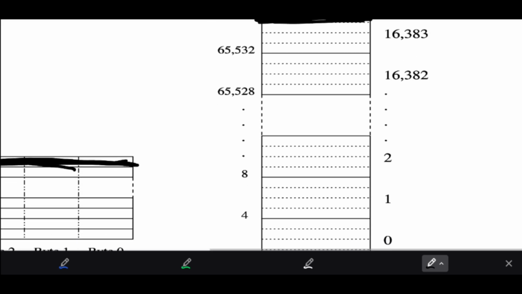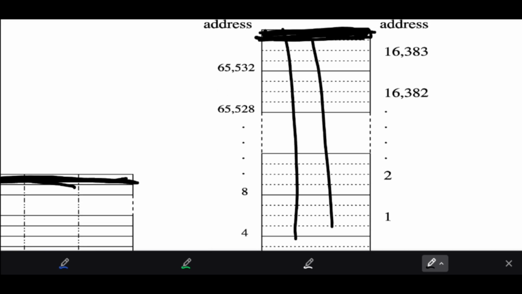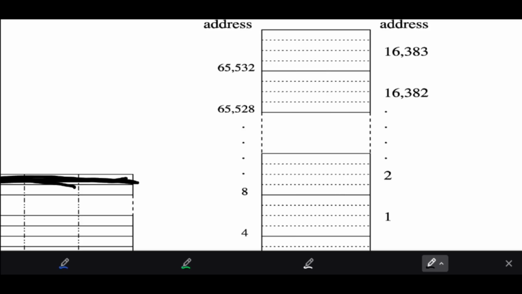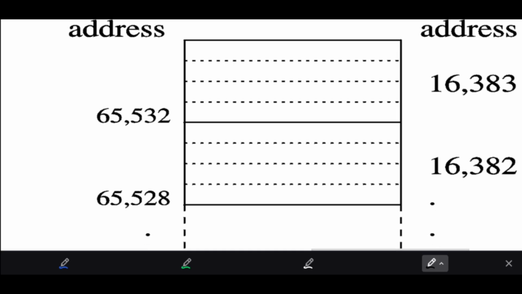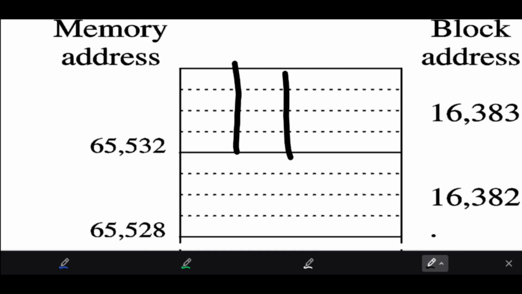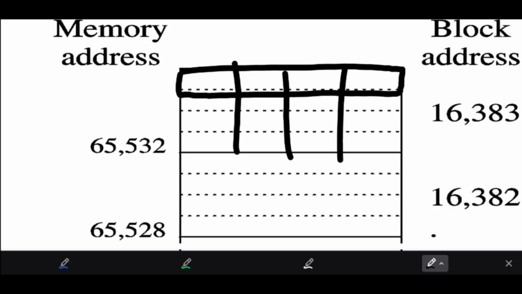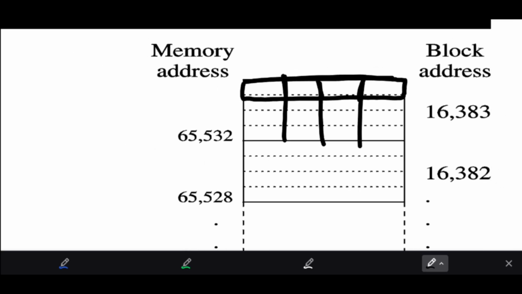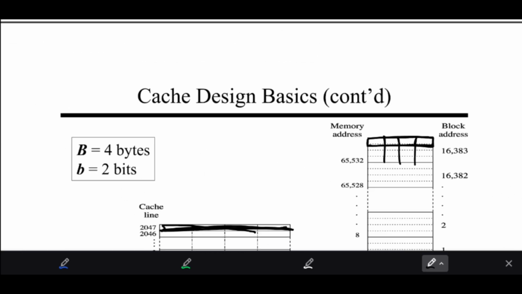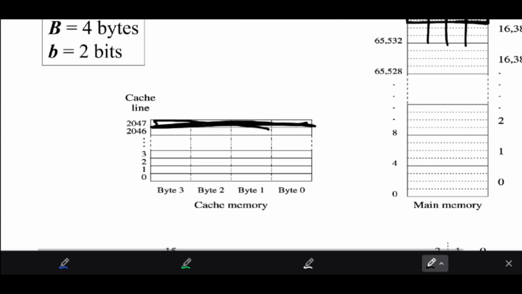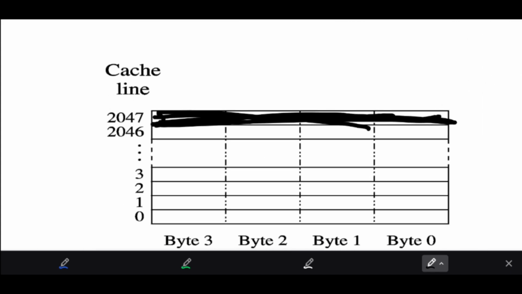If there is partitioning, like words, say the memory block has 4 words, I'm dividing this also. This is a memory block and this is a memory word. The full block is stored inside the cache line.